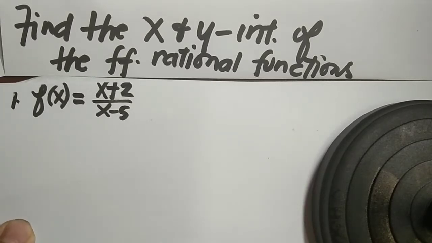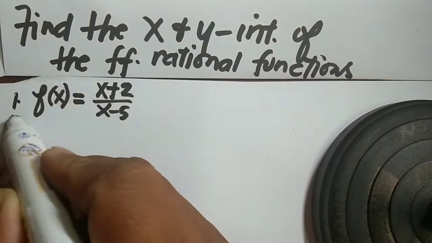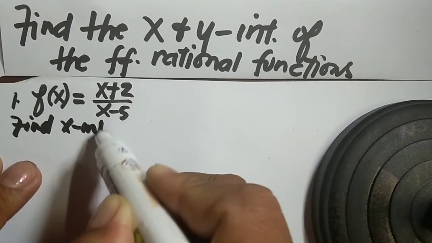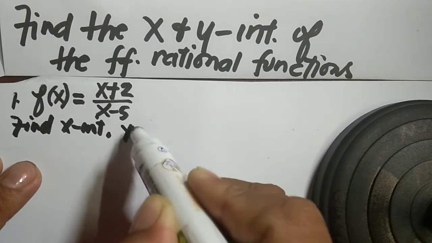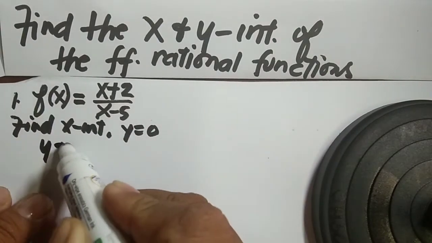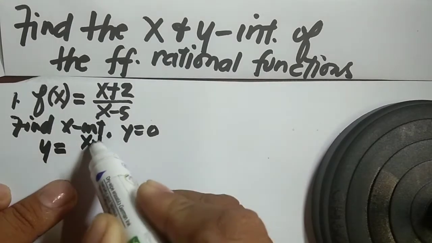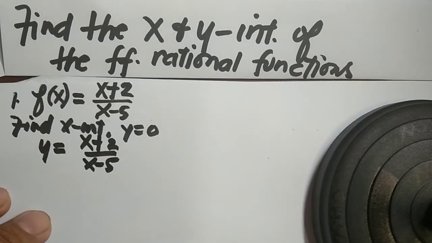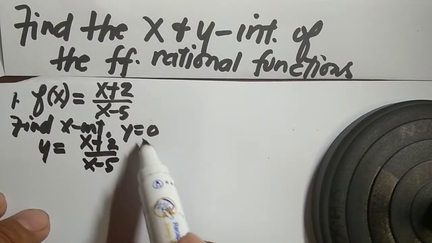Problem number 1. Find the x and y intercepts of f of x equals x plus 2 over x minus 5. First, we need to find the x-intercept. Therefore, let y equal 0. We have y equals x plus 2 over x minus 5, so instead of y, we substitute 0.